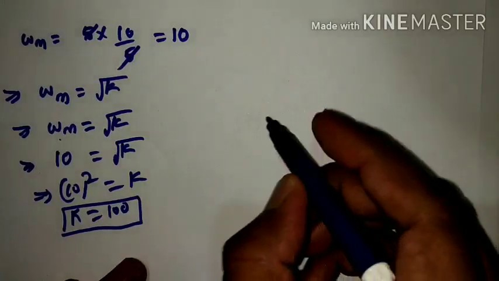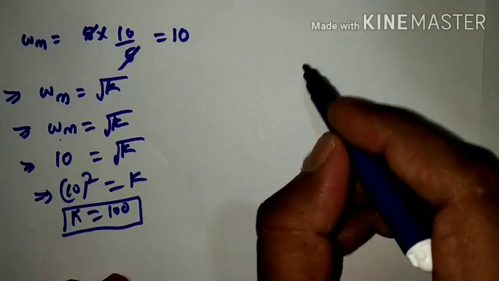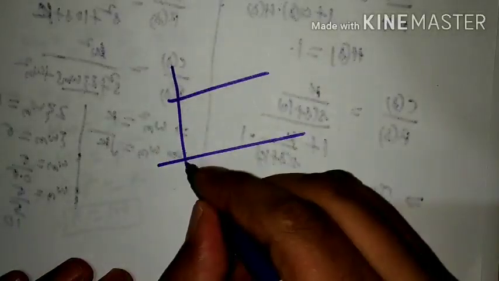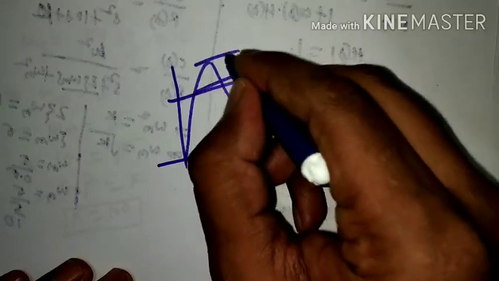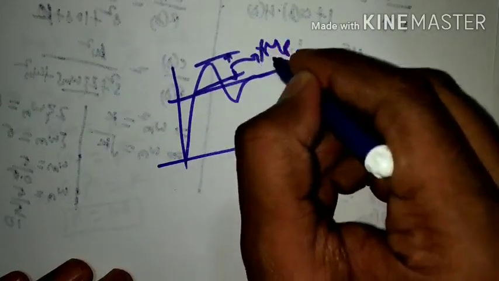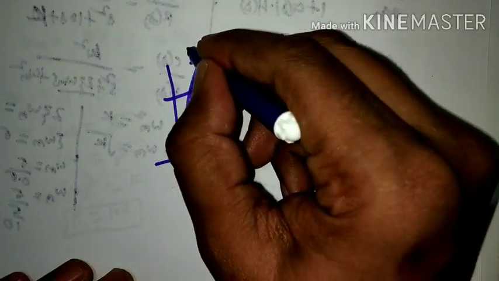Okay, so you know that this is the response. We have to find this maximum peak overshoot, and this is the peak time.